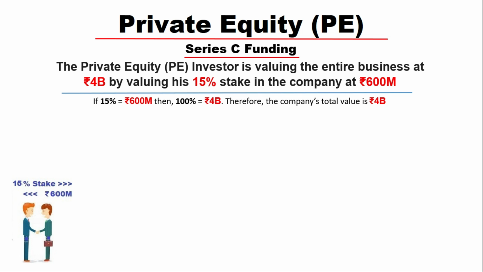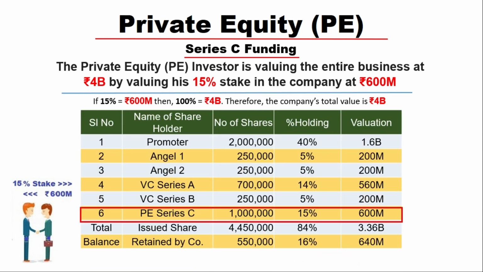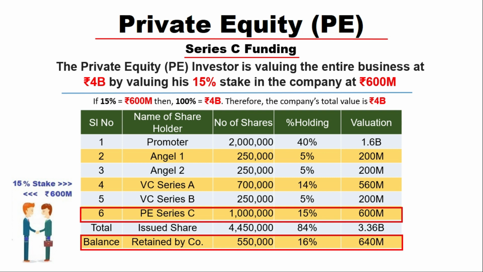Therefore, the company's total value is 4 billion now. Now the shareholding and valuation look something like this. The company has retained 16% stake which has not been allotted to any shareholder. This portion is valued at 640 billion.